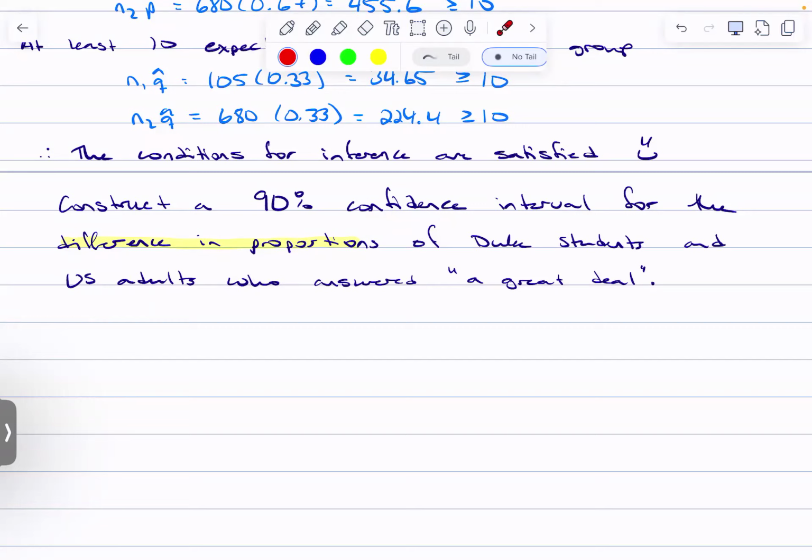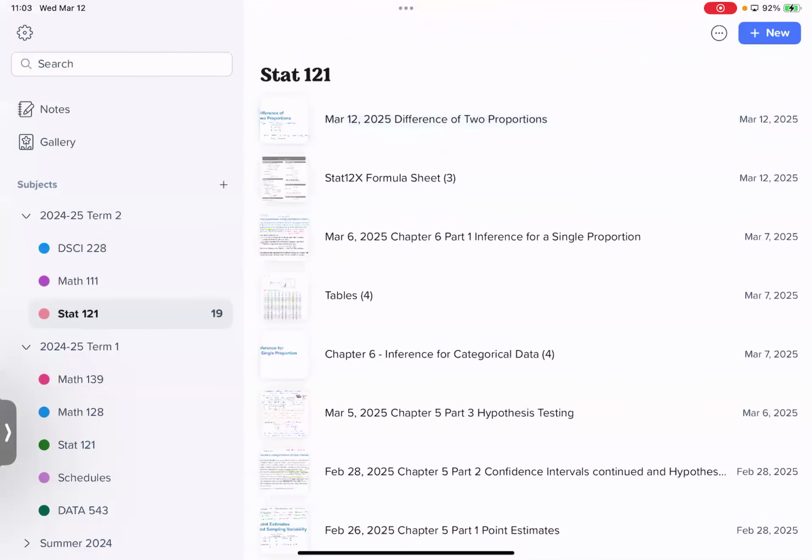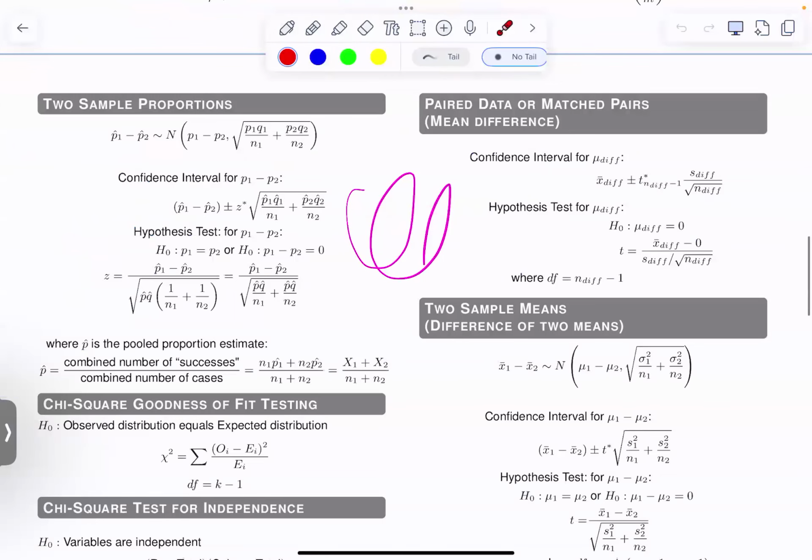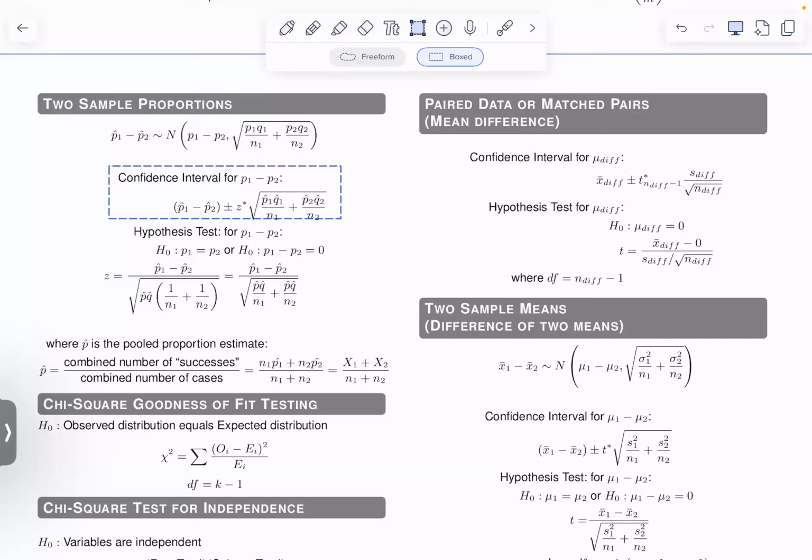But if we're making a confidence interval, then we read our question and we determined already that we have a two sample proportion question, but also because I asked you for a confidence interval for the difference in proportions. Either way, puts us here.